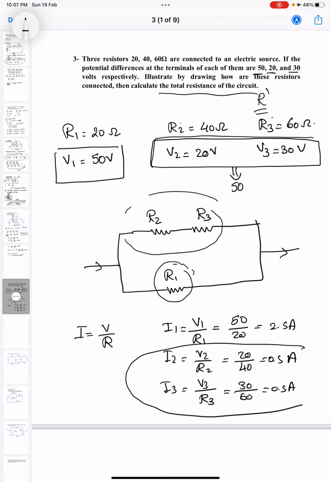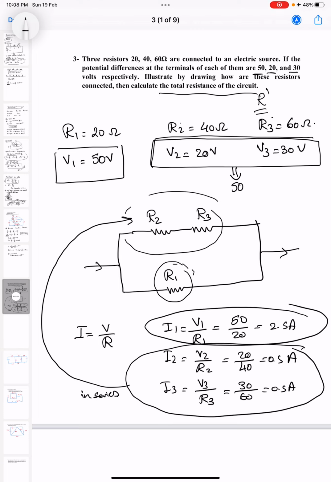These confirm that both R2 and R3 must be in series, and the third resistance must be in parallel with them, like the figure. Okay.